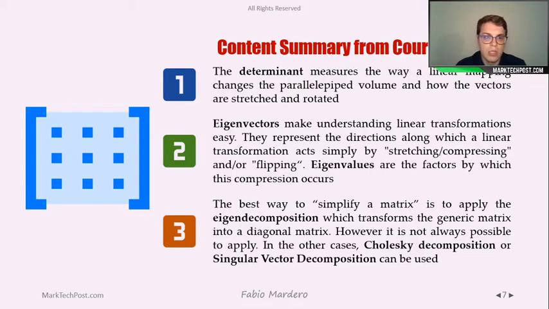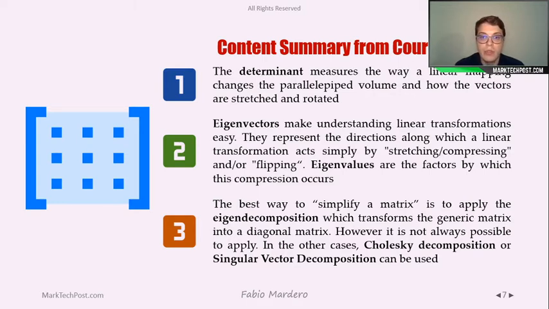Third course, the one where we talked about the determinant, which is a measure of the way a linear mapping changes the parallelepiped volume and how the vectors are stretched and rotated. The determinant inherits this concept through its definition, but is very useful when we want to introduce eigenvectors and eigenvalues.